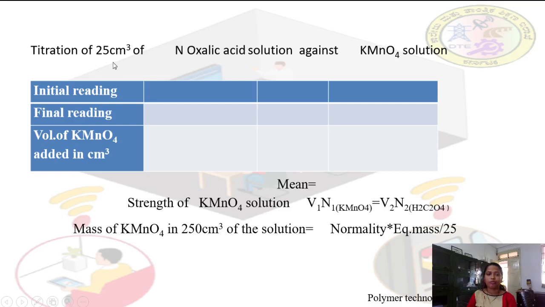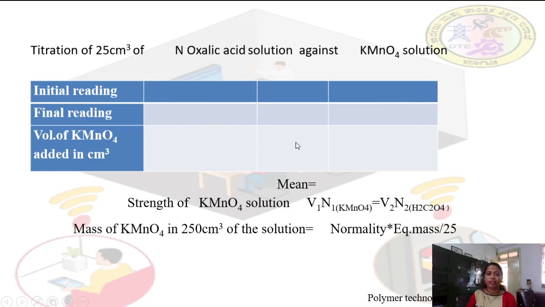Next, titration of 25 cm cube of oxalic acid solution against potassium permanganate solution. Here we have to do 3 trials, and note down the 3 readings, that is, initial reading and final reading of the 3 trials.